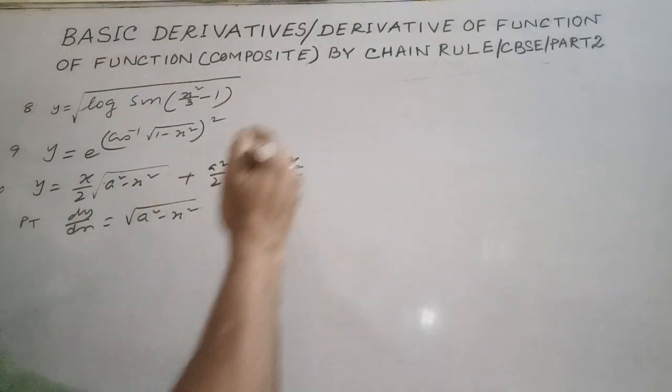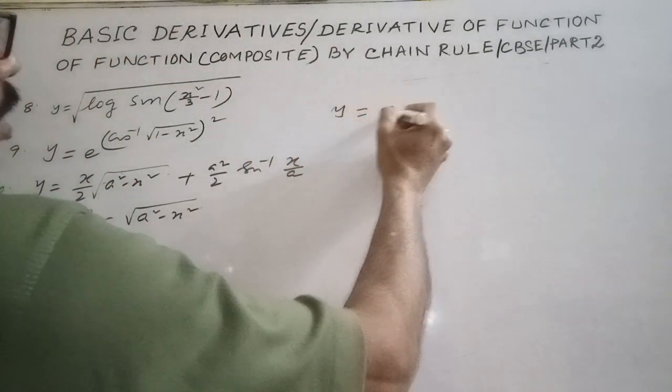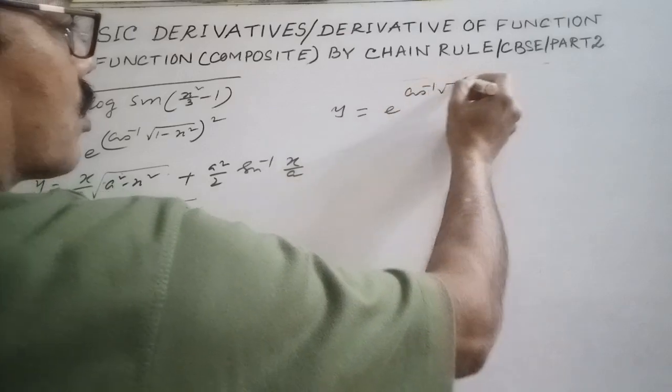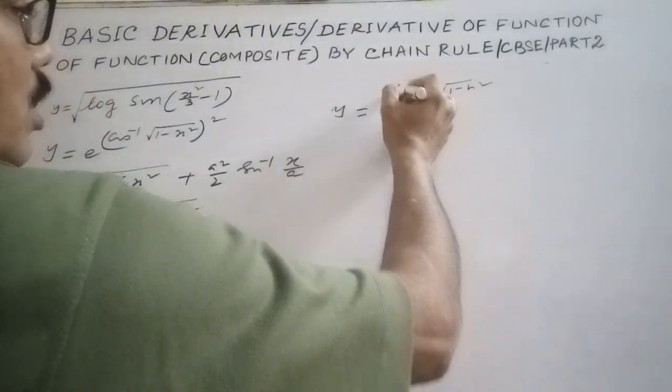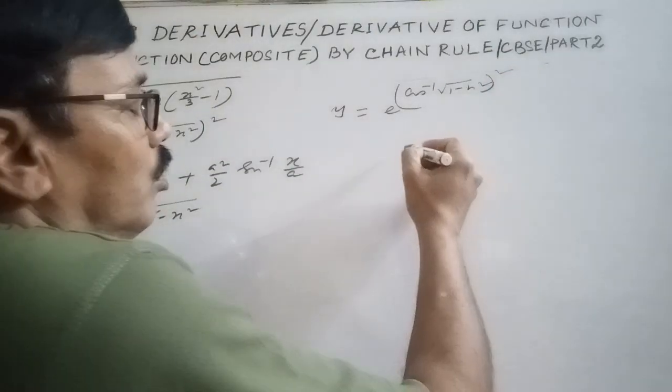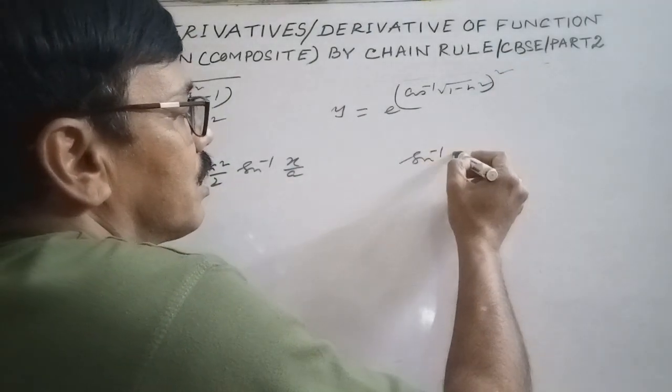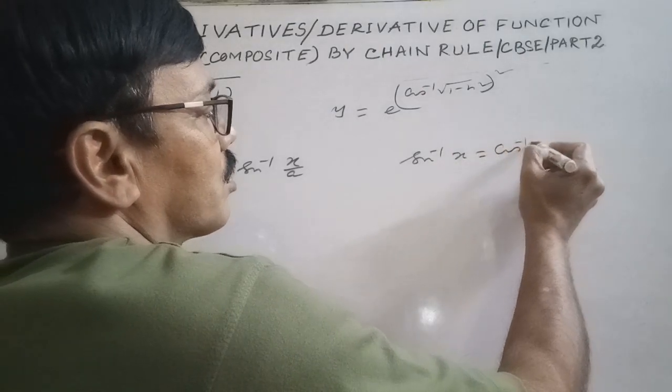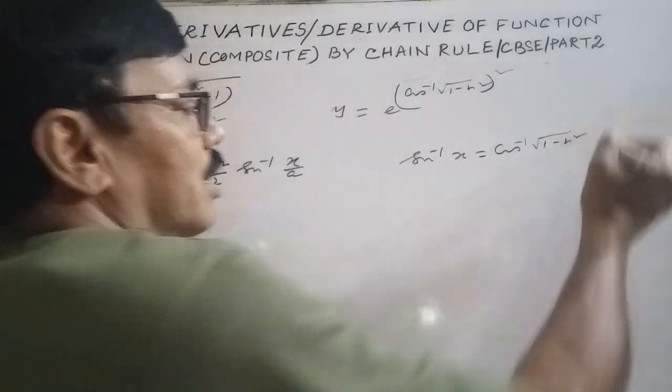Now, y equals e to the power cos inverse root over 1 minus x² whole square. Now, we know sin inverse x equals cos inverse root over 1 minus x².